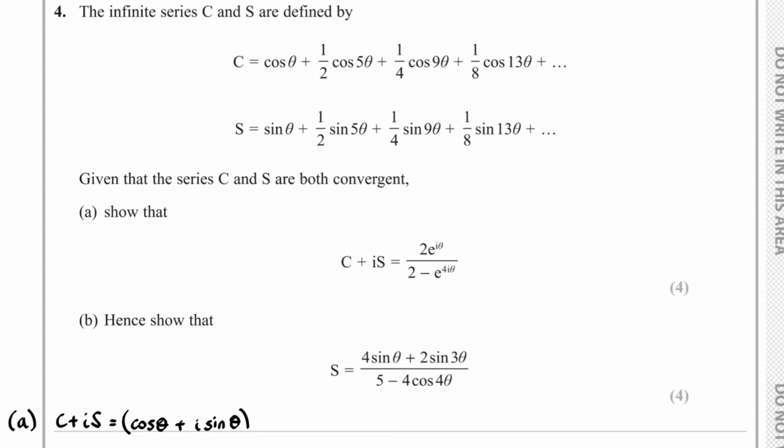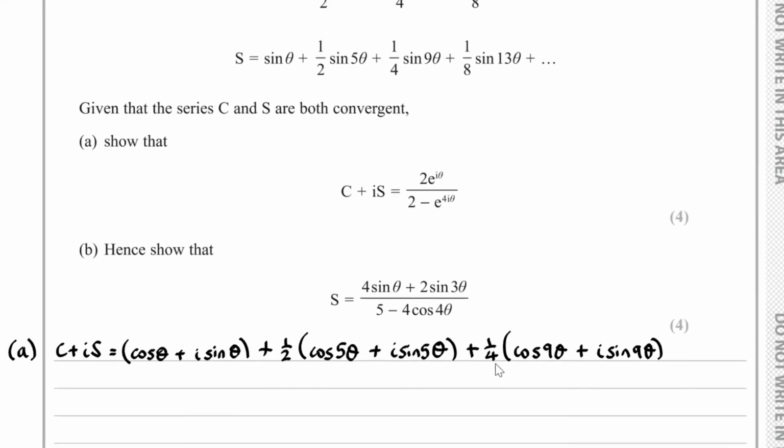Remember, we have i times S. And then we have 1/2 lots of cos 5 theta plus i sine of 5 theta. And then we have 1/4 lots of cos of 9 theta plus i sine of 9 theta.